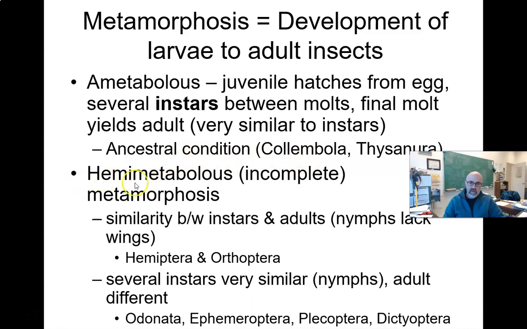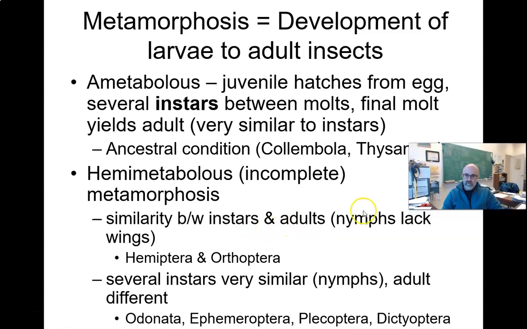Hemimetabolous, or half metabolous, is incomplete metamorphosis. And so we see a lot of similarity between early instars and the adults, but there are some differences. So these early instars, the nymphal stage, do not have wings, versus the adult does have wings.